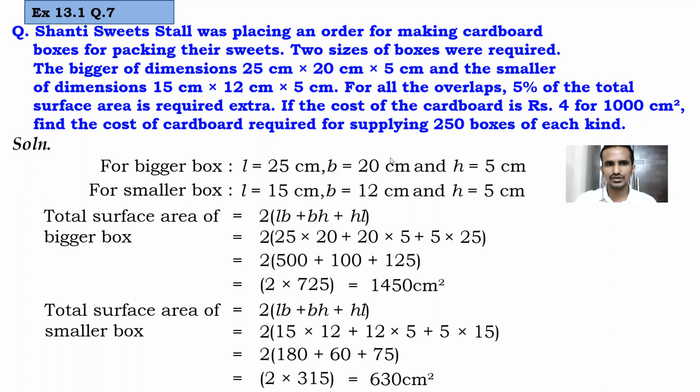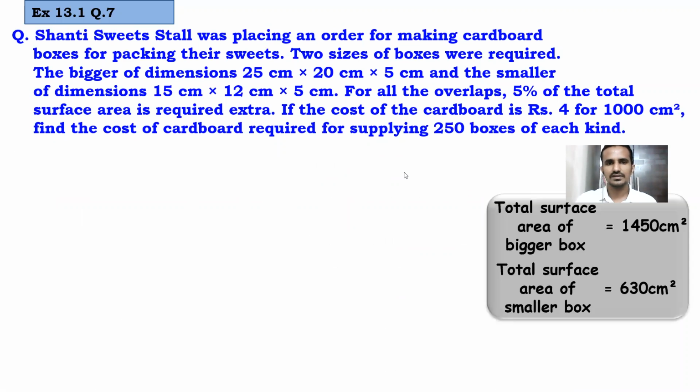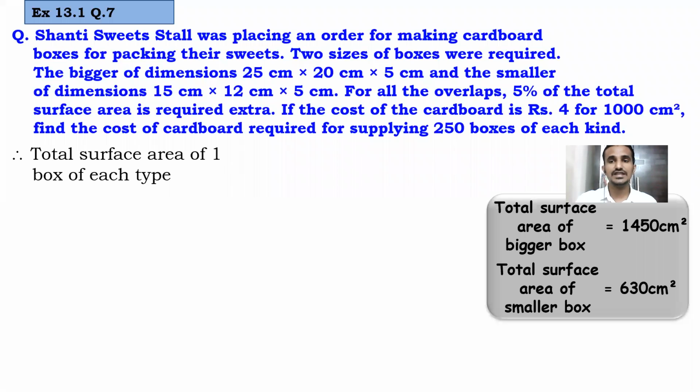So let us do the addition of both the surfaces. So we have total surface area of one box of each type. See, the words each type are important. Just write down this sentence: total surface area of one box of each type. It should be the addition of the total surface area of each box.